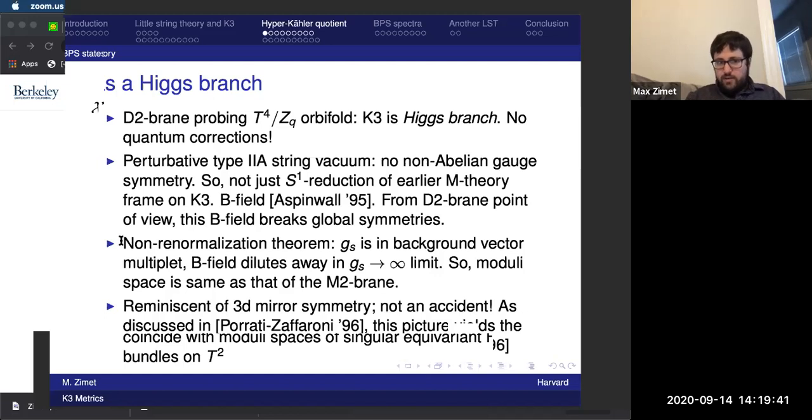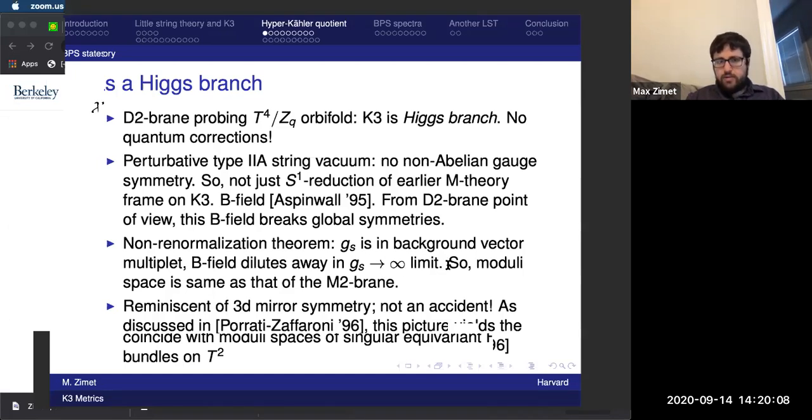So you might wonder, if this is not just the straightforward dimensional reduction of M theory on this orbifold, and we turn on some funny discrete B field, then how do we know that we're going to get the same moduli space as we would have had we not turned on the discrete B field? But there's again a non-renormalization theorem that tells you that this choice can't matter.